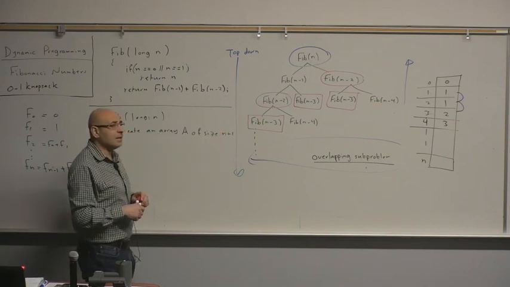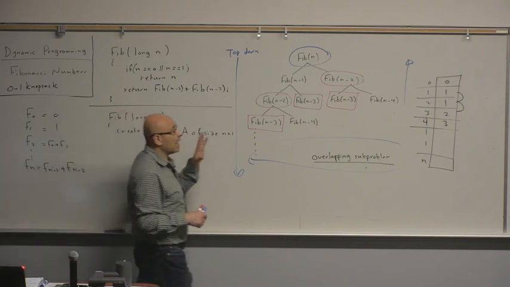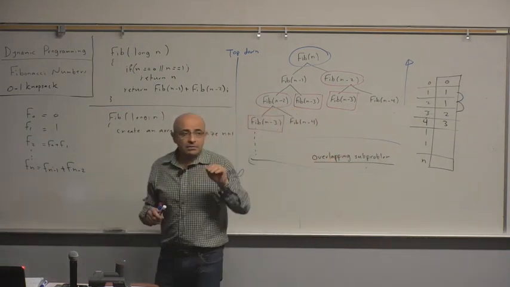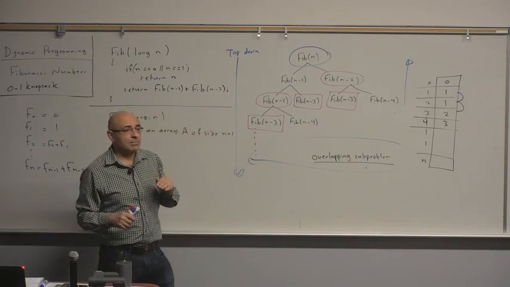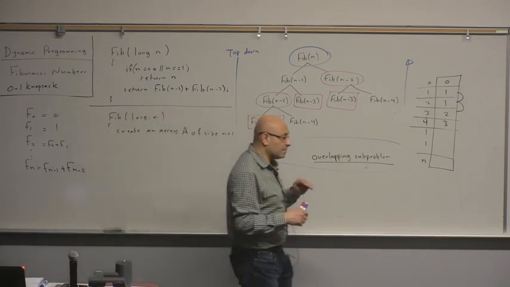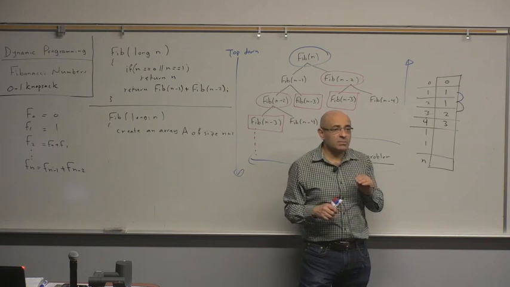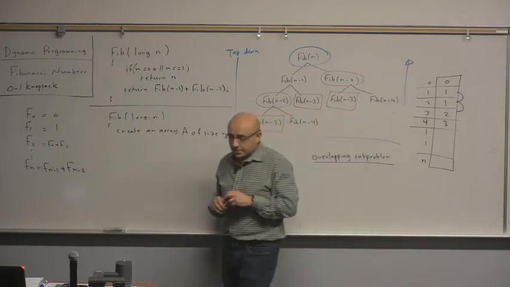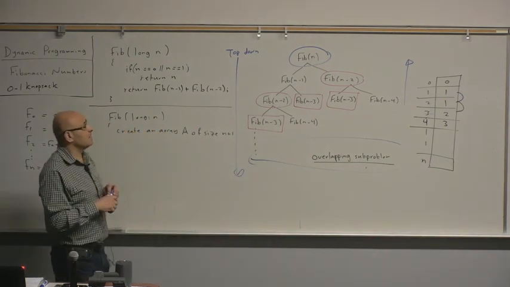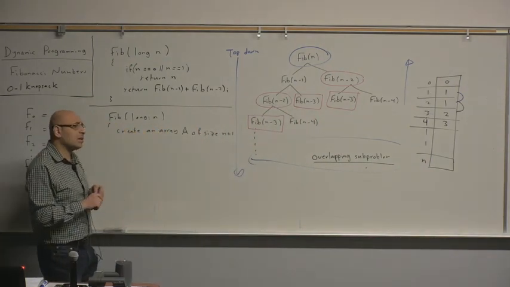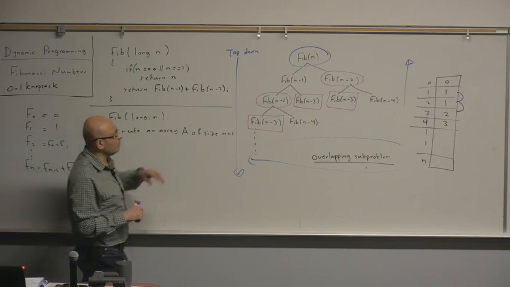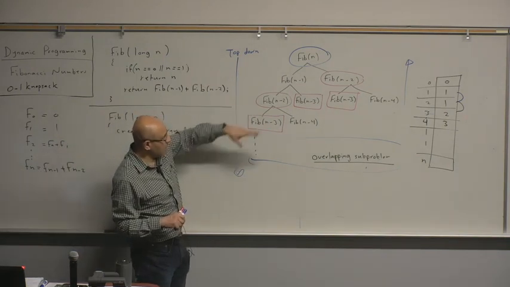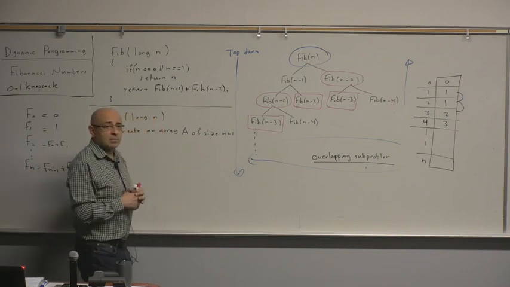But the idea here is the algorithmic technique, which is instead of thinking top down, think bottom up. Solve the smaller problems first, and then use the solutions to the smaller subproblems to build solutions to the bigger problems. But yes, when you use recursion, that will tend to give you a top-down approach to the problem. And in this case, it gave you all of these overlapping subproblems.